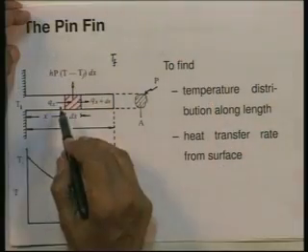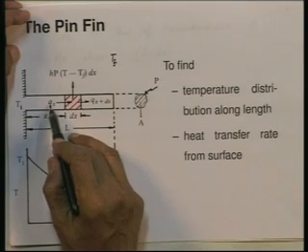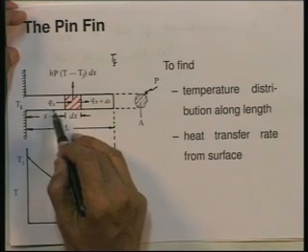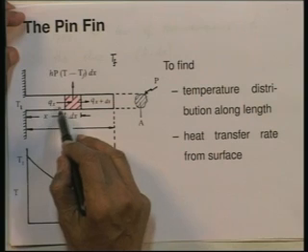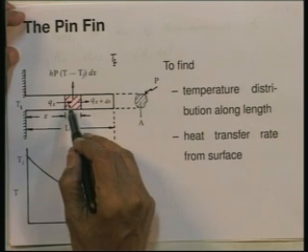Notice I have drawn 3 arrows here. Qx, which I am showing here, is the rate at which heat is being conducted into the element by heat conduction.